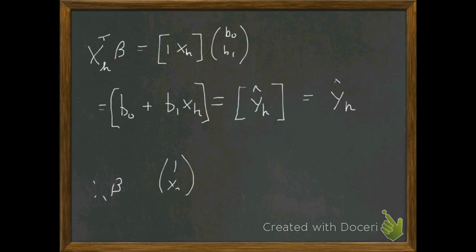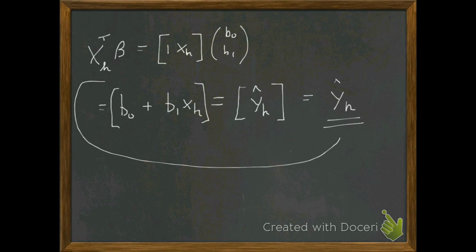So, guys, we had to use the transpose. All right, cool. So again, we can predict the mean response by using this matrix method.